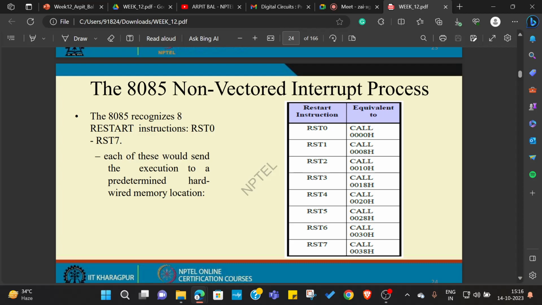Similarly RST2. So what will be the location of RST2? 0010H. Correct, 0010H. Similarly if you go on, you will arrive at RST5, which will be 0028H.